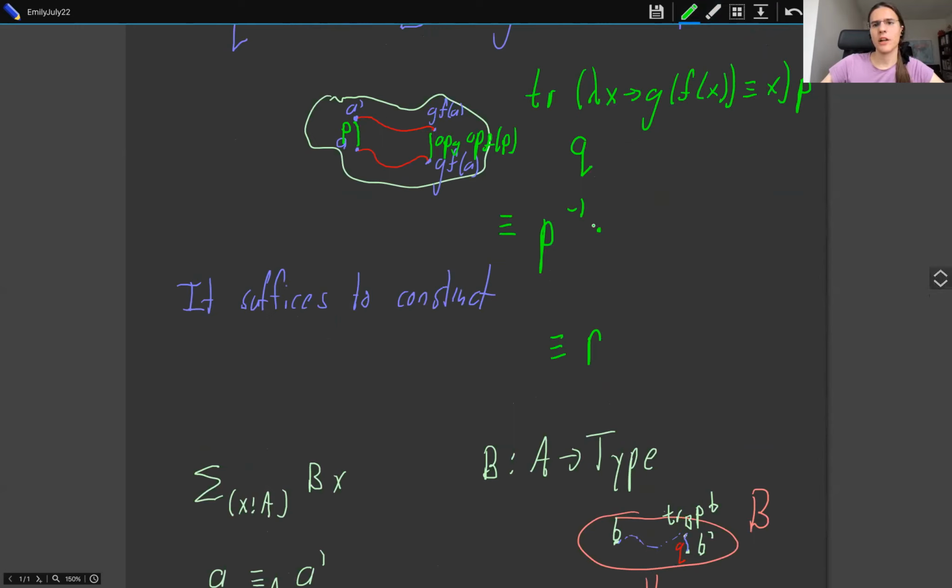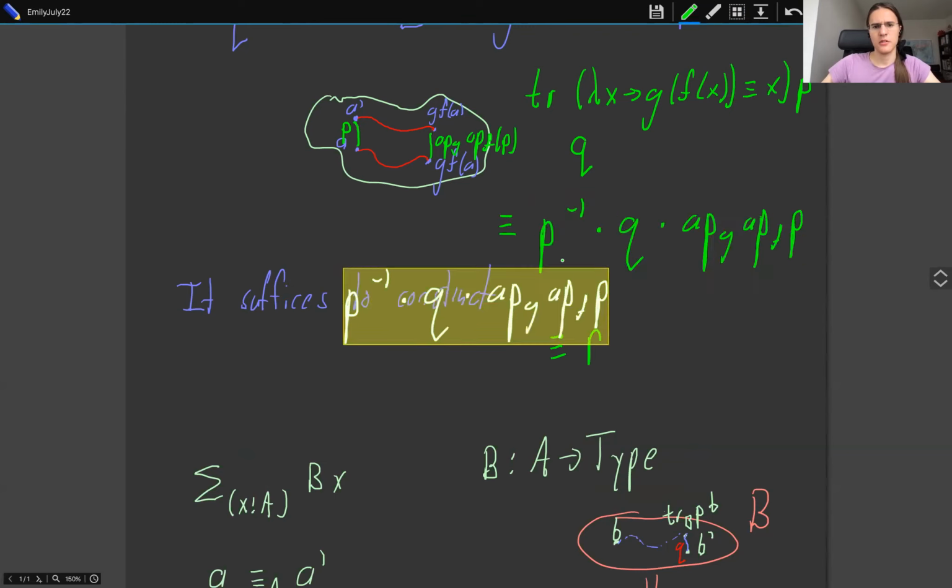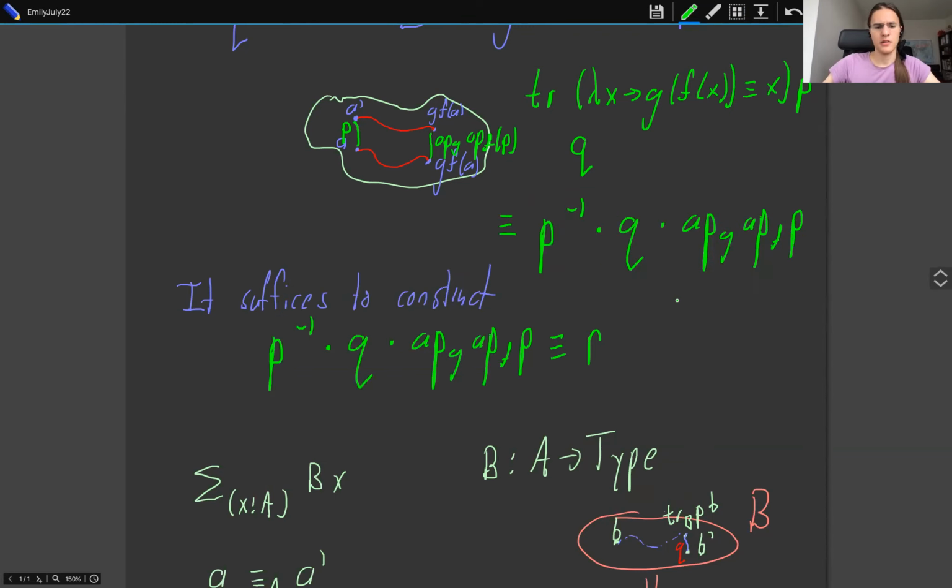P inverse dot q dot app g app f p. And then instead of writing that again, I'll just copy it over. Yeah, paths are written this way.